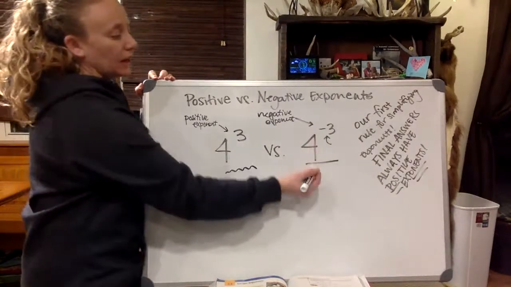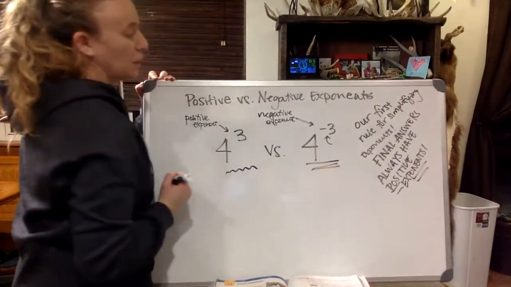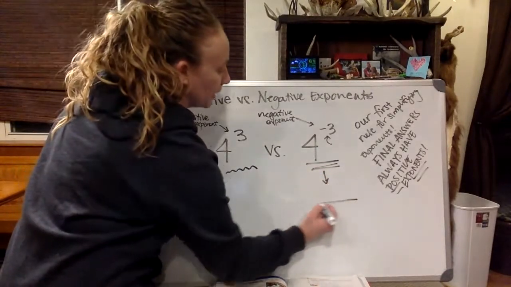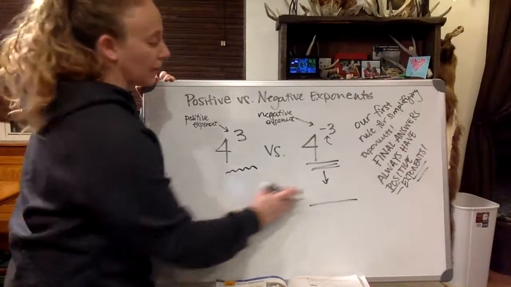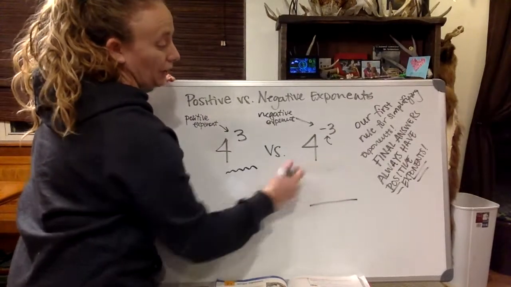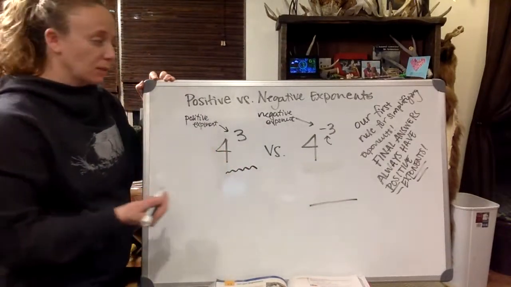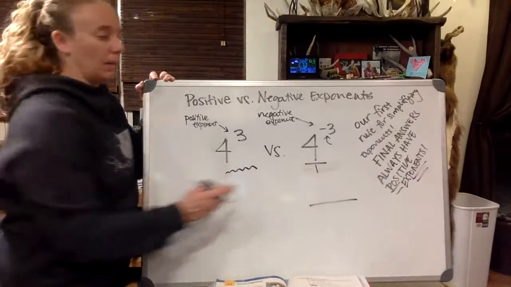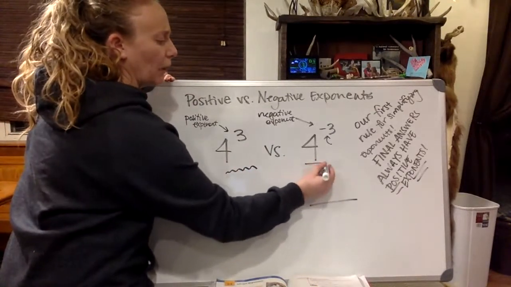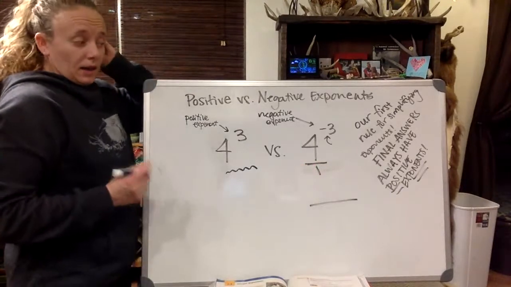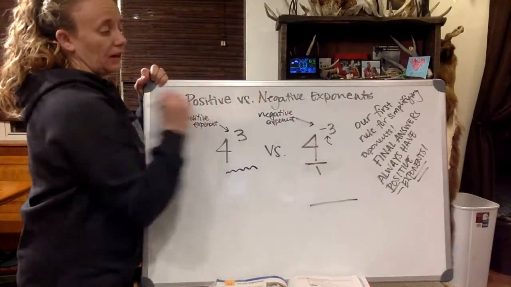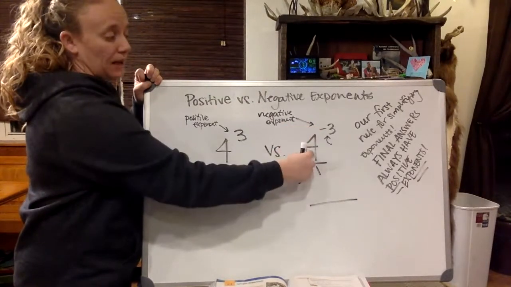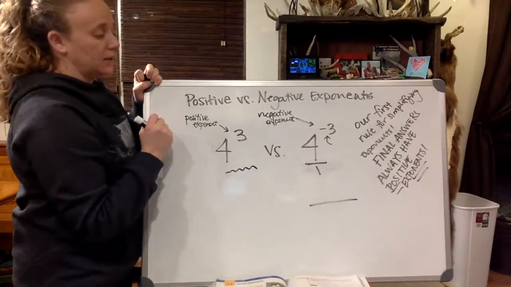So to simplify it, I need to turn this into a fraction. It's already technically a fraction. I mean, every whole number or every exponent is already a fraction. So I could say this is 4 raised to the third power over 1. The negative third power is essentially saying this base is in the numerator when it should be in the denominator.